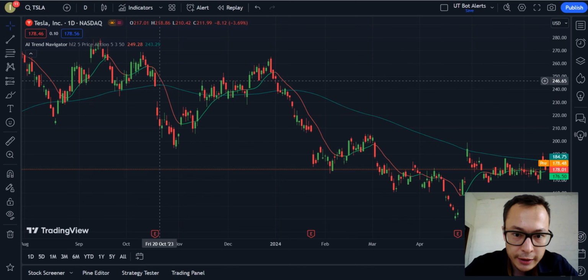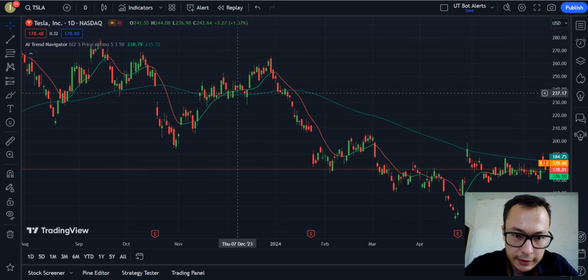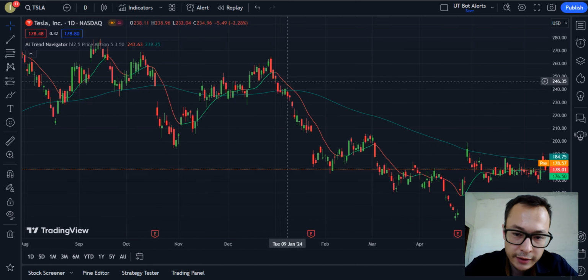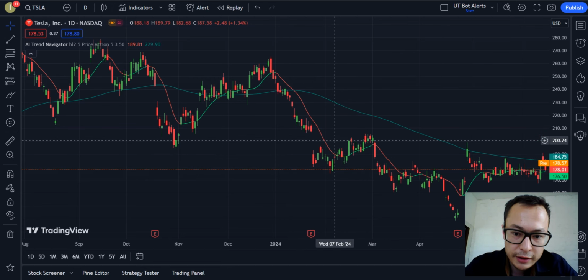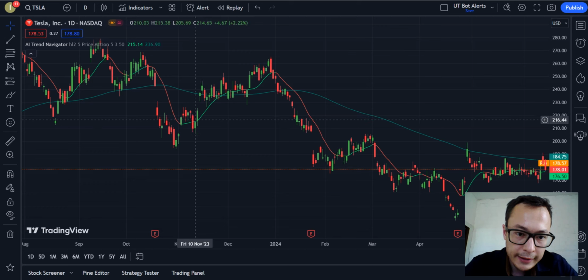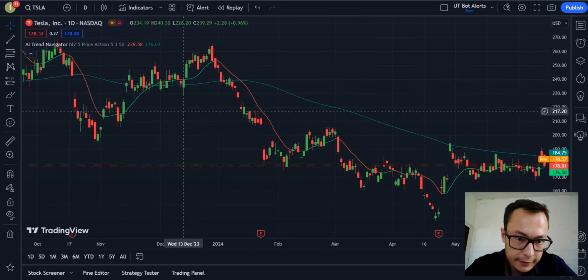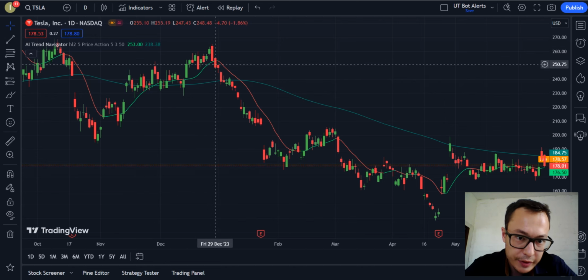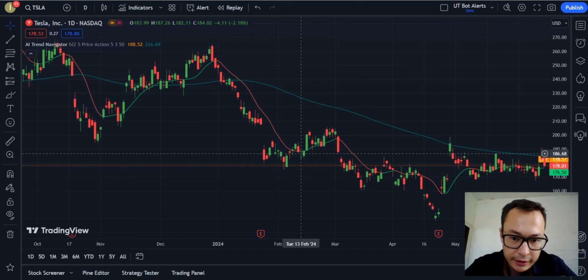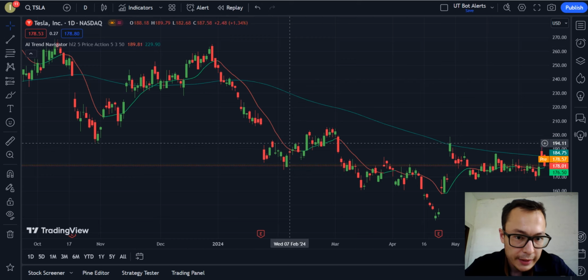As you can see here, the green and red lines are presented by the AI Trend Navigator. The green line represents an upward trend in the stock price movement, and the red line represents a downward trend in the stock price movement.